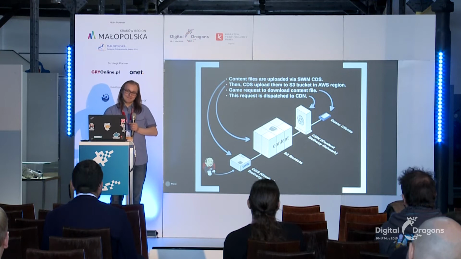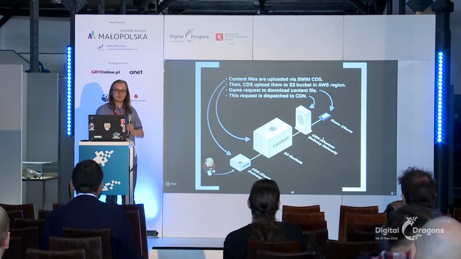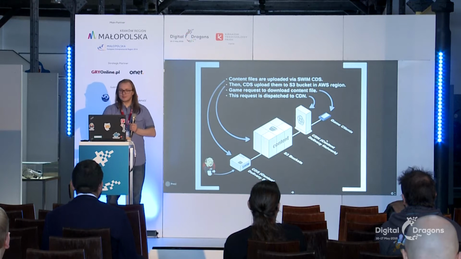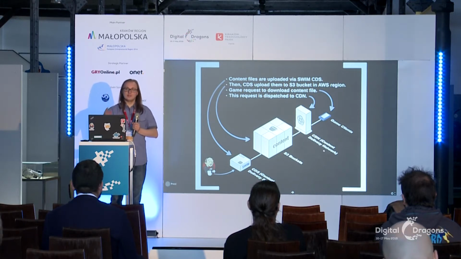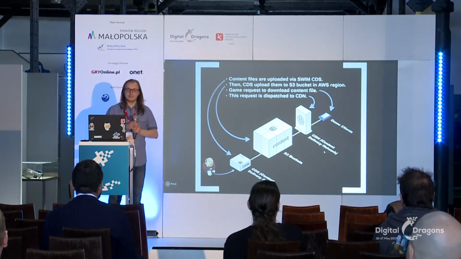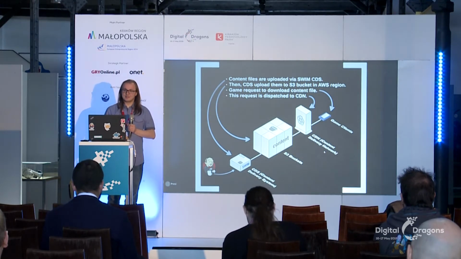Okay, and then after the files are uploaded to S3, we have a CDN layer. What a CDN is, I hope everyone knows. It's a content delivery network. It's a farm of edge caches. Those are servers somewhere on the internet that are caching files, pages, images, and things like that.